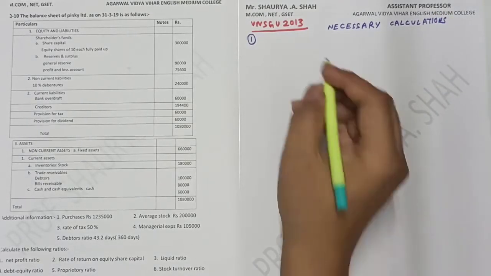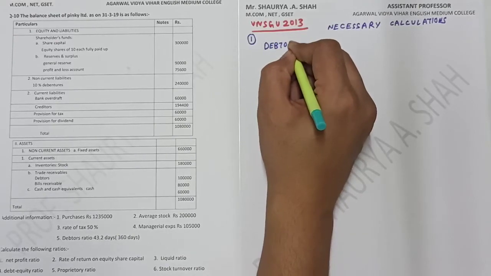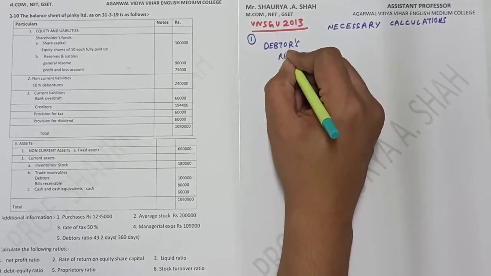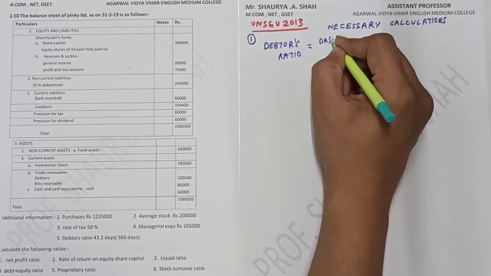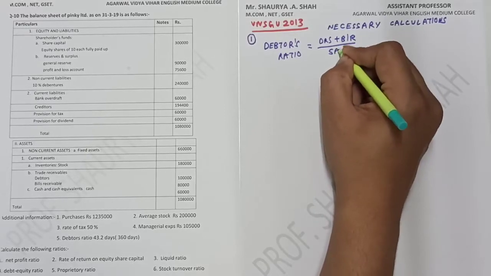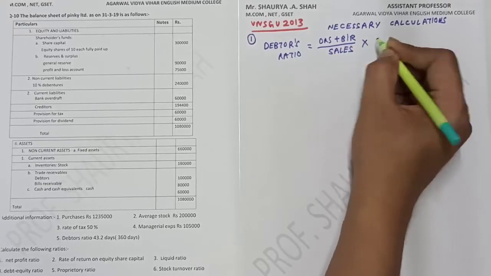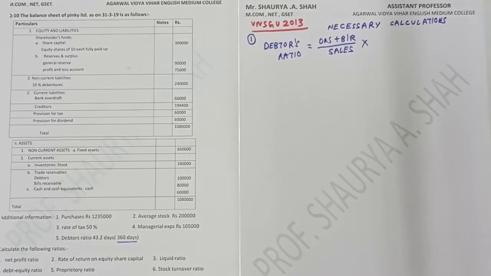So we'll first start with the debtors ratio which is given in the sum. Debtors ratio, you all know the formula, you can write it on your own, that is debtors plus bills receivable divided by sales into number of days in a year. Now students, generally we take number of days as 365, but in this sum it is very specifically given to take 360 days.